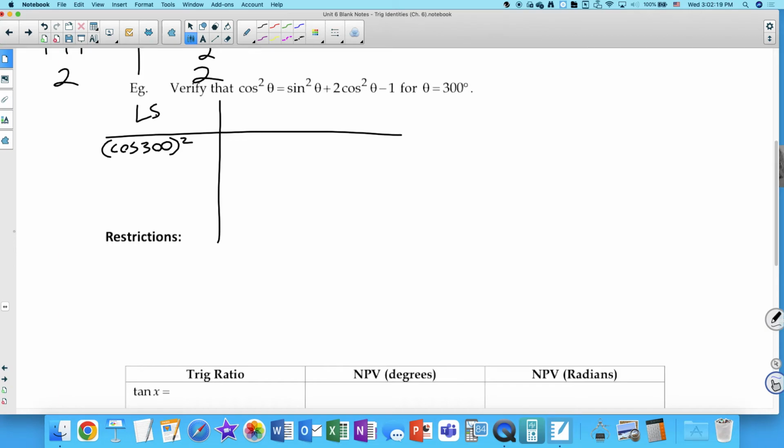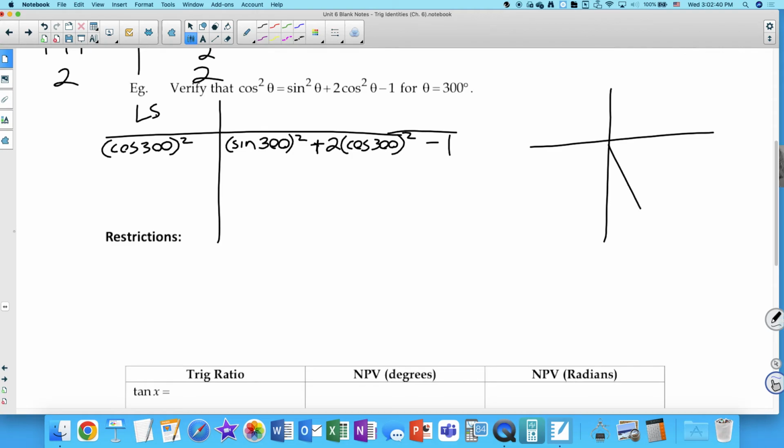Okay? Because for me, it just helps me to evaluate. On the right side, I have sine of 300 squared plus 2 cosine of 300 squared minus 1. Okay, and then the other thing that I need to think about is where's that 300 degrees? So this is 300. This is 60. So this point would be 1/2, negative root 3 over 2.